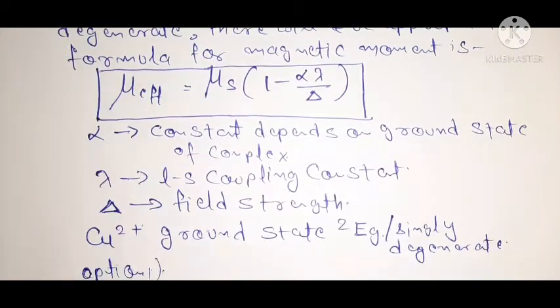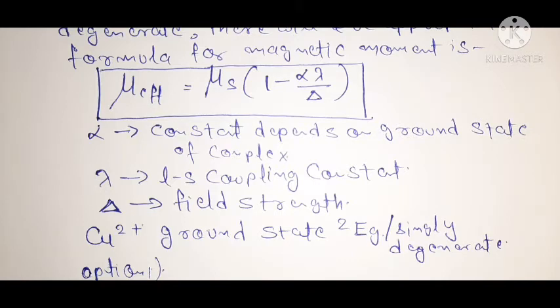So it is a direct formula, but remember this formula is only used when the ground state of that complex is singly or doubly degenerate. And in this question, copper 2+ has a singly degenerate ground state. That's why here we use this formula for finding magnetic moment, and because of this formula, its value will be greater than 1.73 Bohr magneton.